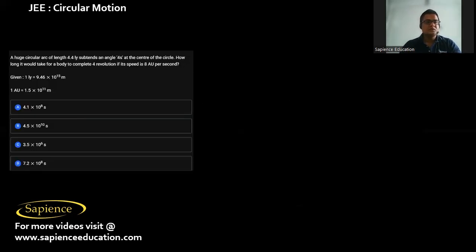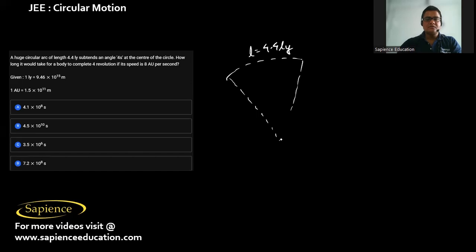Then here it is told there is a huge circular arc of length. The length of the arc is 4.4 light years. It subtends an angle theta of 4 arc seconds at the center of the circle.